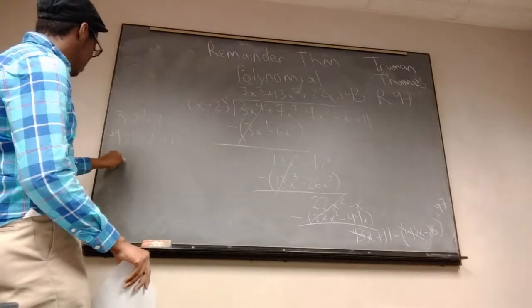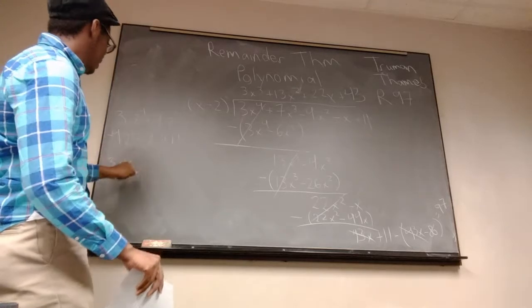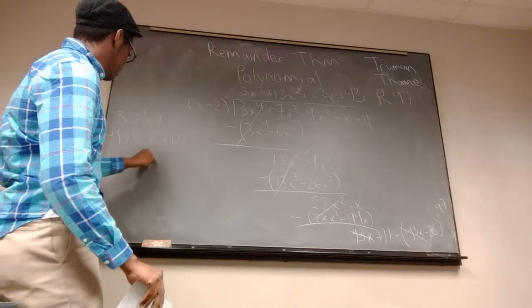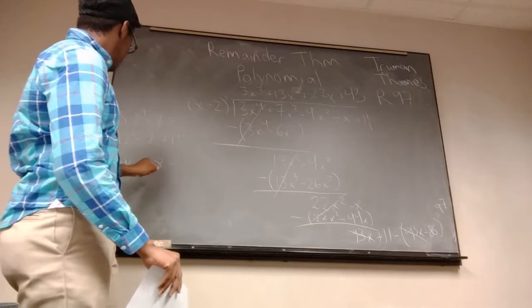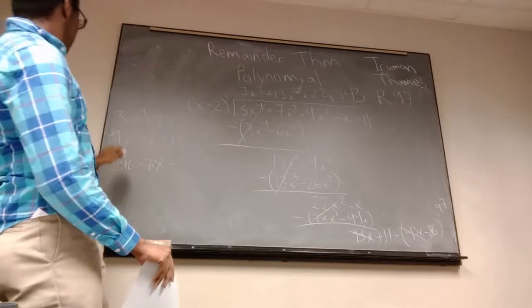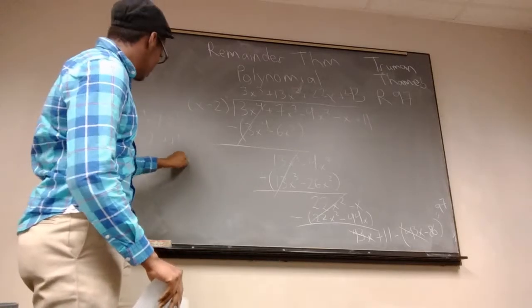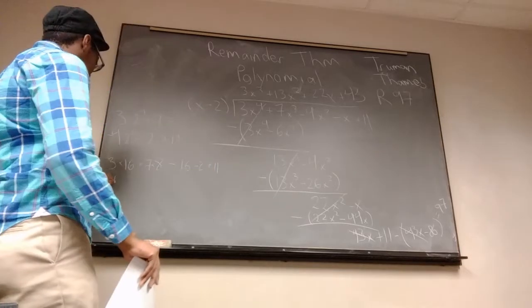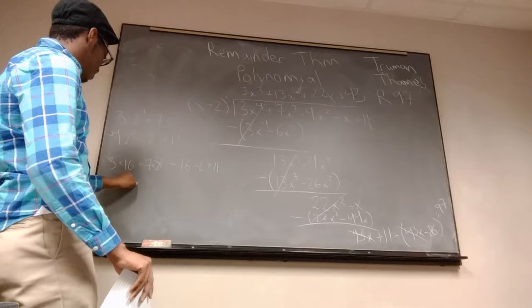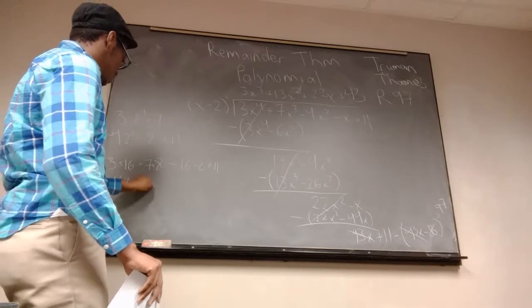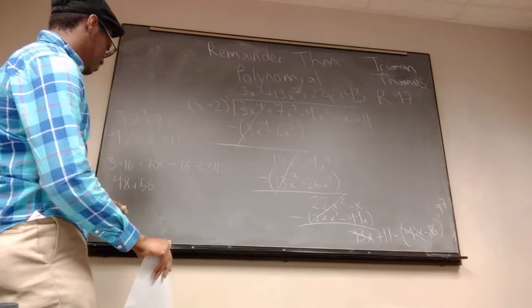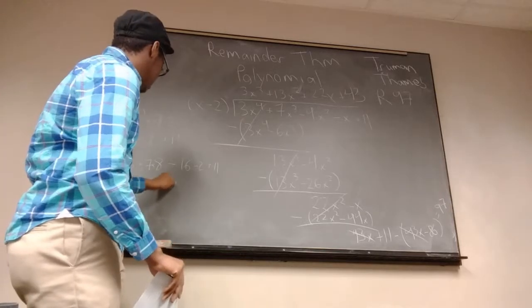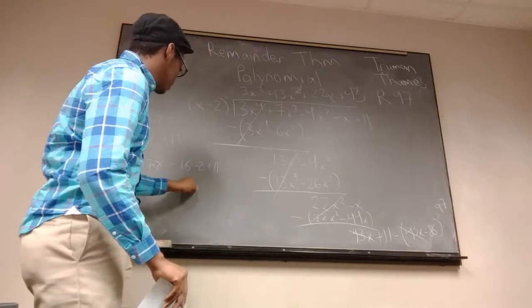So 3 times 16 plus 7 times 8 minus 4 times 4, which is 16, minus 2 plus 11. 3 times 16 is 48. 7 times 8 is 56. If we add those together, we'll do that after. Minus 16 minus 2 plus 11.